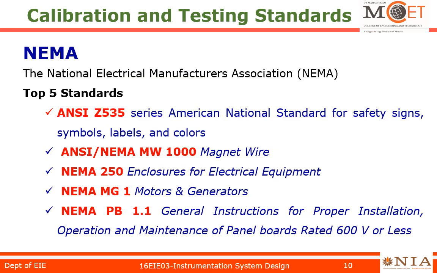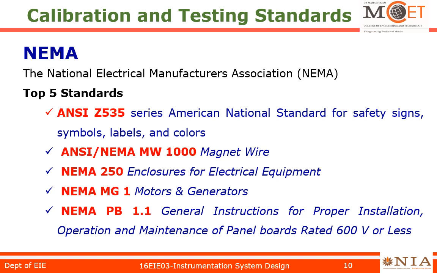The first one is NEMA, the National Electrical Manufacturers Association. This was developed in the US. Here it has 5 top standards. One is ANSI Z535, which is especially for safety signs, symbols, labels and colors.